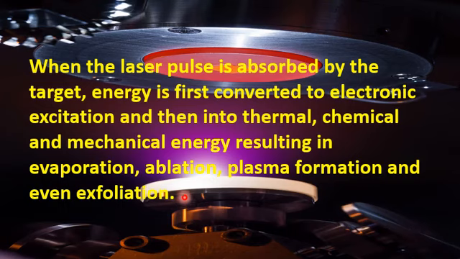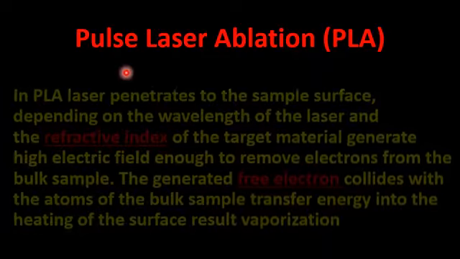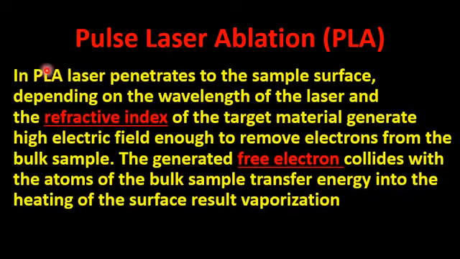Dear student, what do you think the term ablation means? Let us explain it in simple words. In pulse laser ablation, a laser penetrates into the surface of the sample. The penetration of the laser will depend on the wavelength and refractive index of the target material.